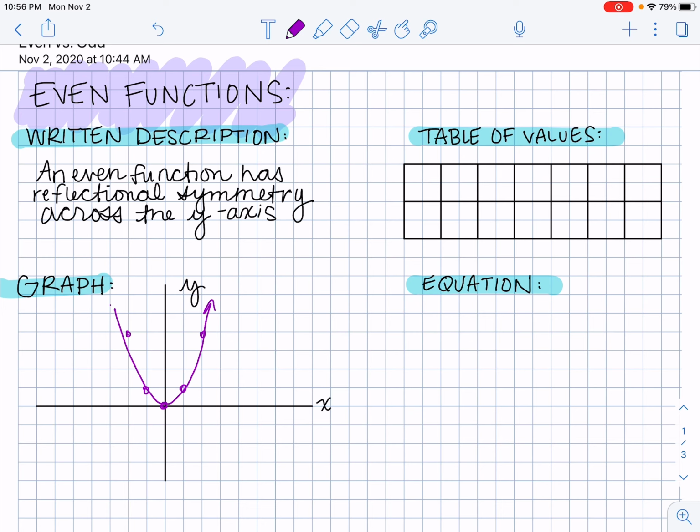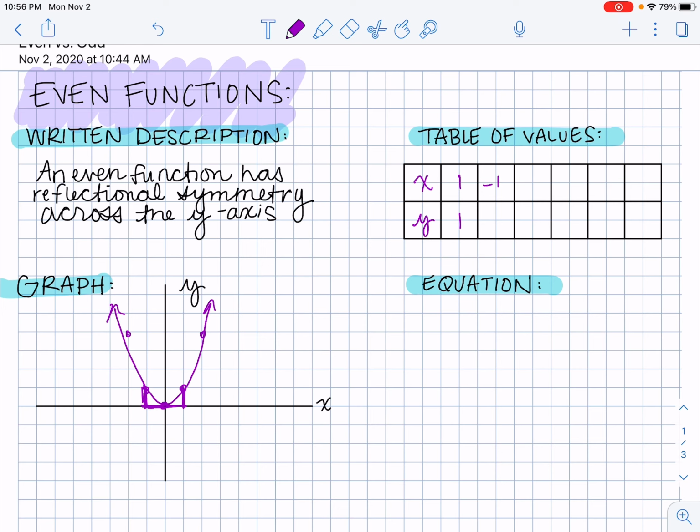All right. Now, if we think about our table of values, we'll have an x and a y, or an x and an f of x. And we will have the point, like one of the points on there is 1, 1. Notice we also have this corresponding point. We go over 1, up 1. We also have this corresponding point over negative 1, up 1.